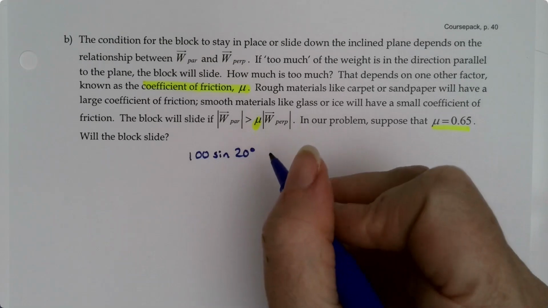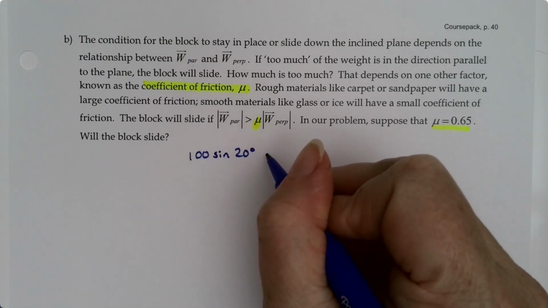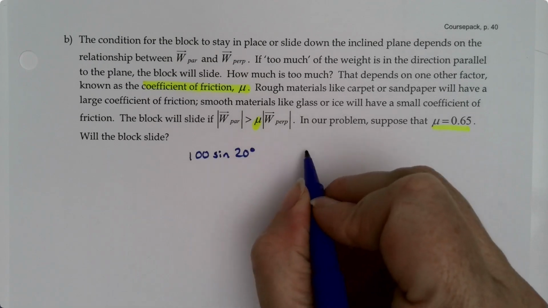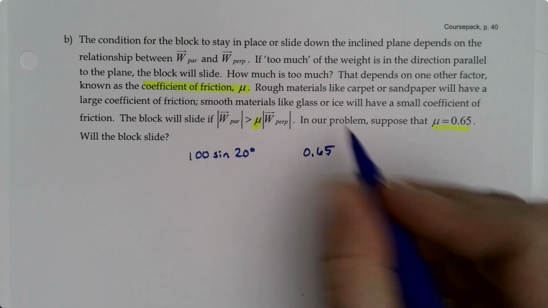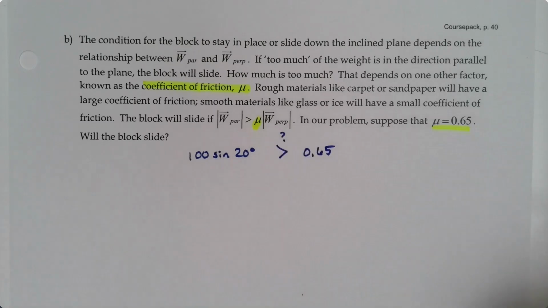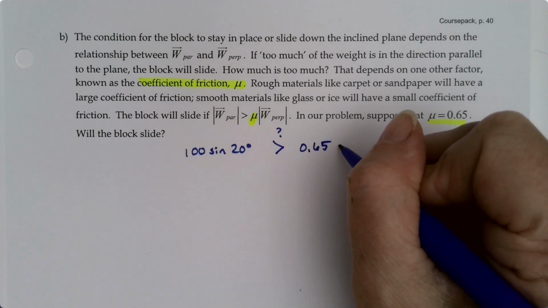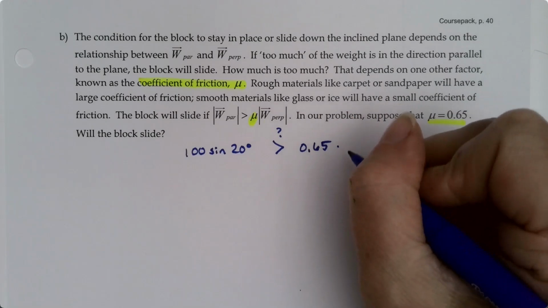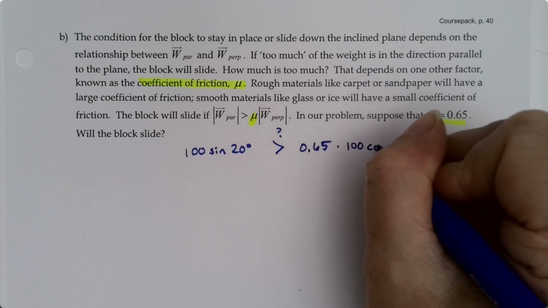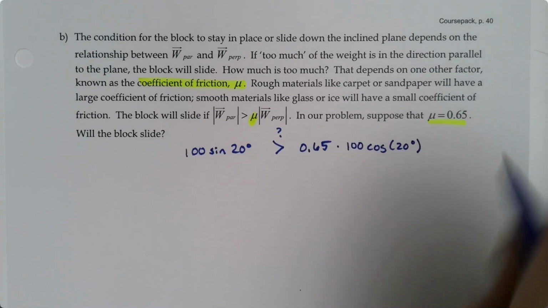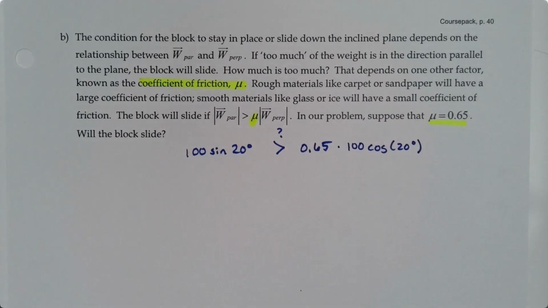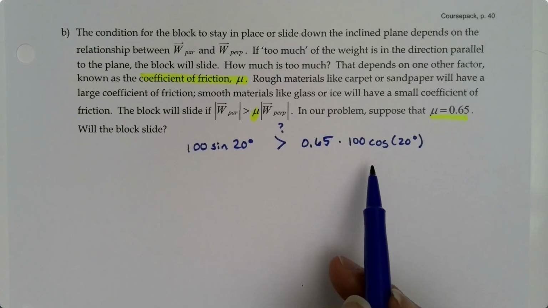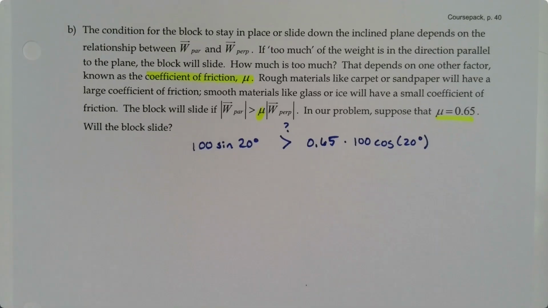Is that in fact larger than 0.65, because that's my mu, times the component of my weight in the perpendicular direction, which was 100 cosine of 20 degrees? I'm going to put a question mark over it because I don't know if it is bigger. I just need to find these two pieces and see if one is bigger than the other. Easy enough. Let's go to Maple.